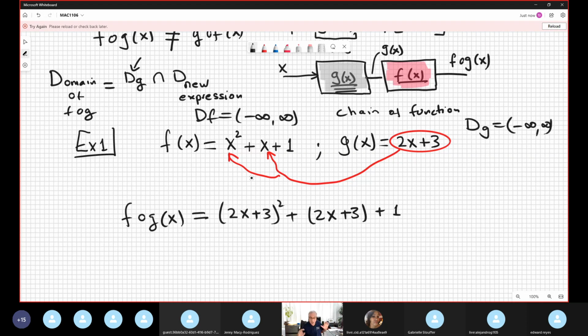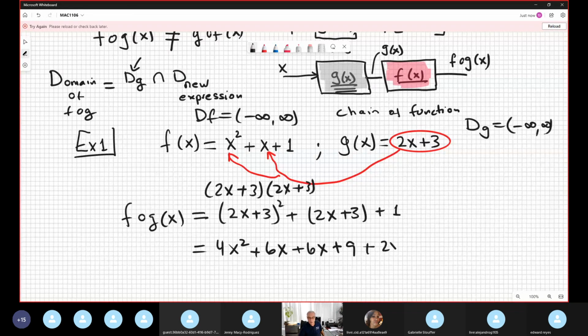Yes. Now, do we leave it like that? No. Remember, final answer, no parentheses. Final answer, combine like terms. You apply FOIL here: 2x plus 3 times itself. You FOIL: 4x squared plus 6x plus 6x plus 9, plus 2x plus 3 plus 1.